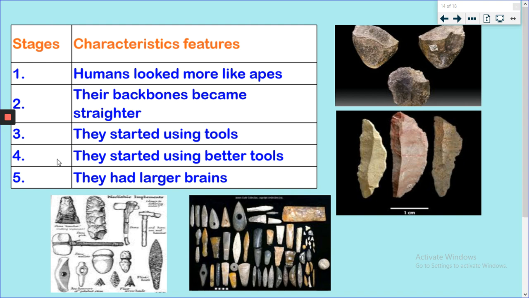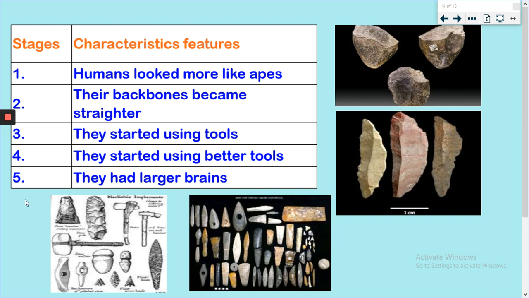In the fourth stage, they started using better tools. See, through the ages, the tools also develop. They carved the stones and made different shapes, smaller and more effective for hunting and digging the ground or peeling of the fruits.